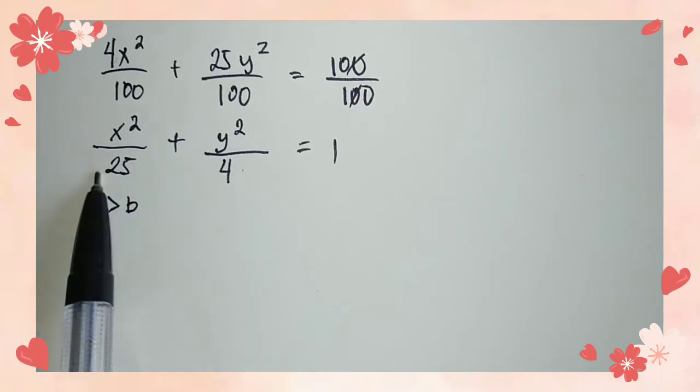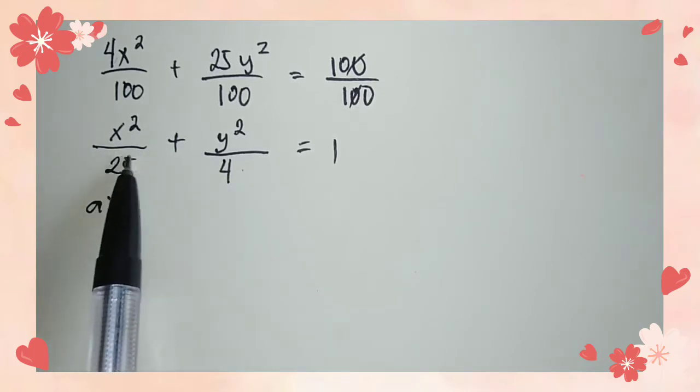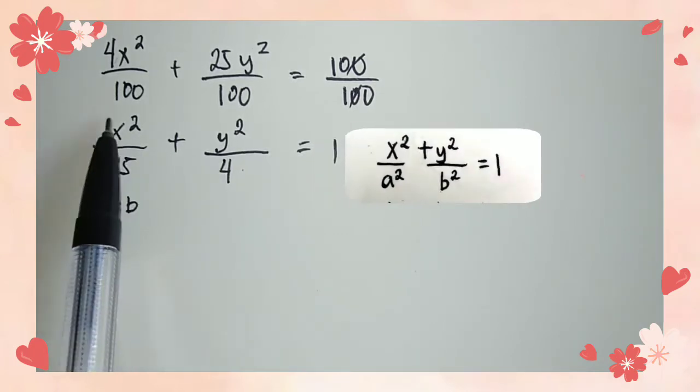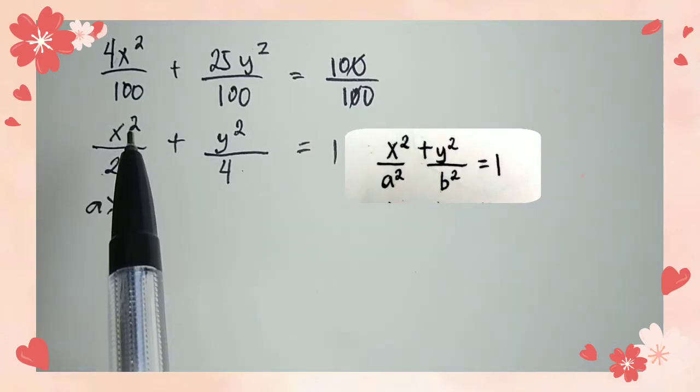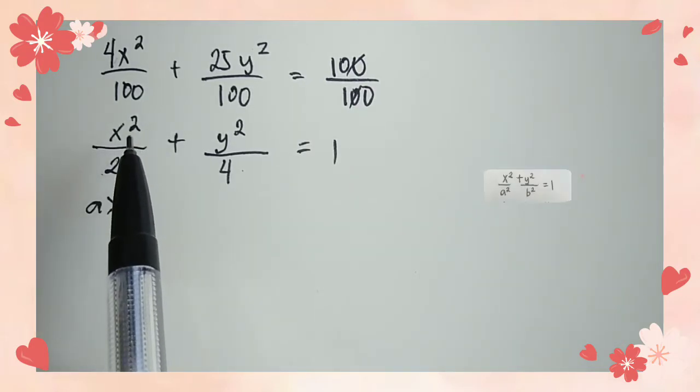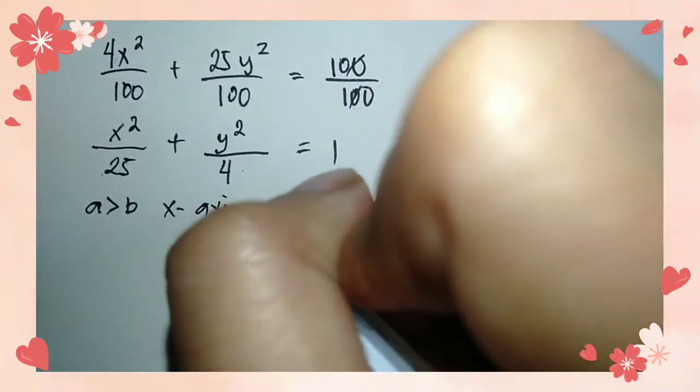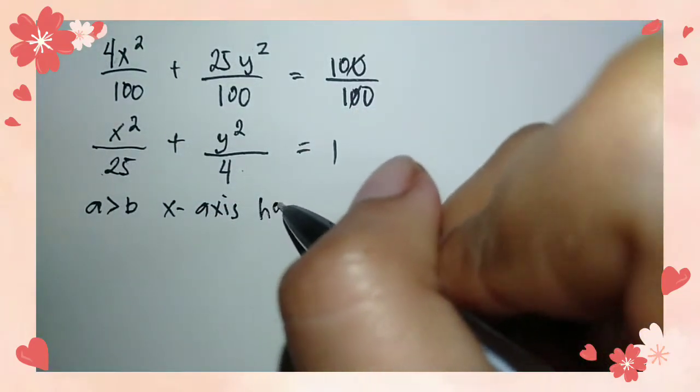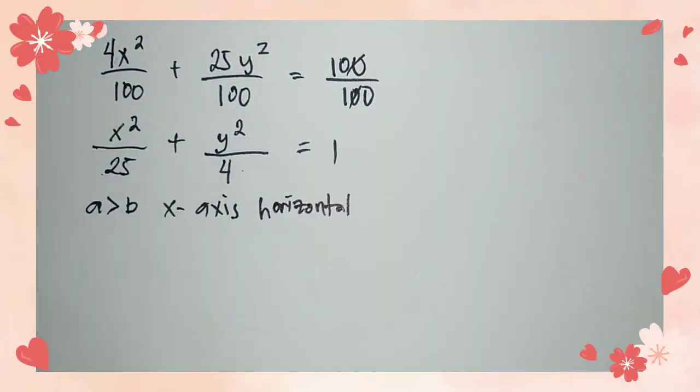Since si 25 yung greater value, meaning to say, ang A natin is nasa tapat ni X. And, dahil dyan, ang ating major axis is on the x-axis. And our ellipse is, of course, horizontal. Right? What are we going to do next is to find A, B, and C, enable for us to graph our ellipse in a Cartesian coordinate plane.